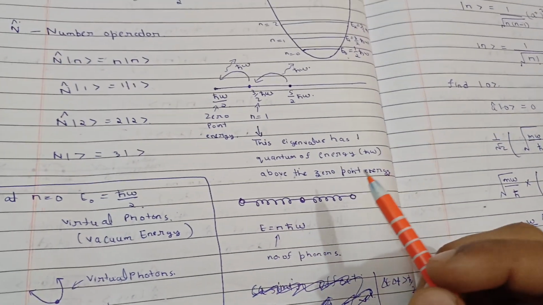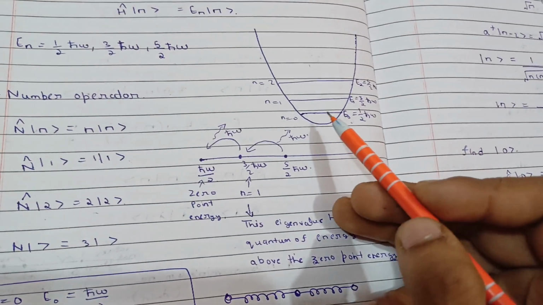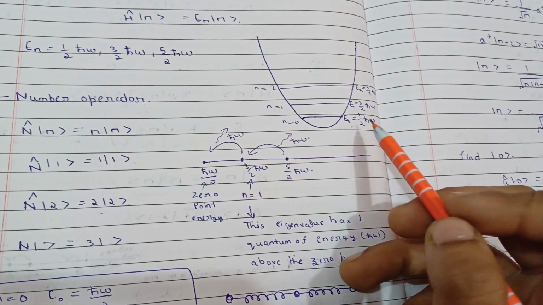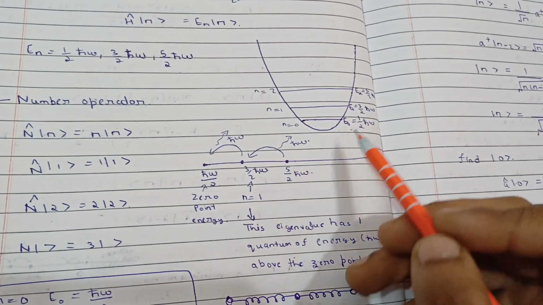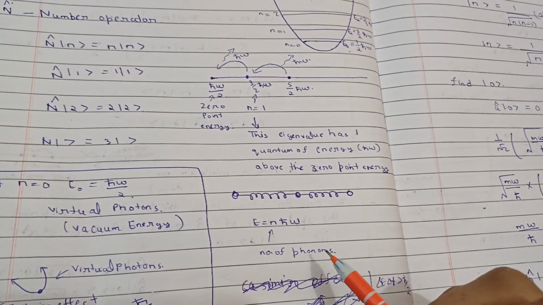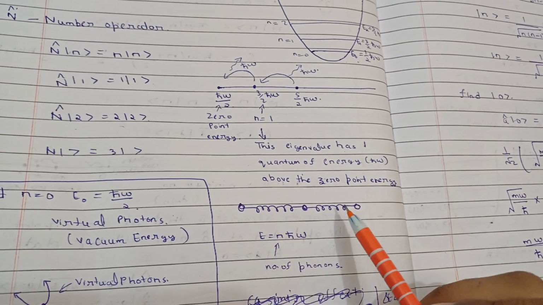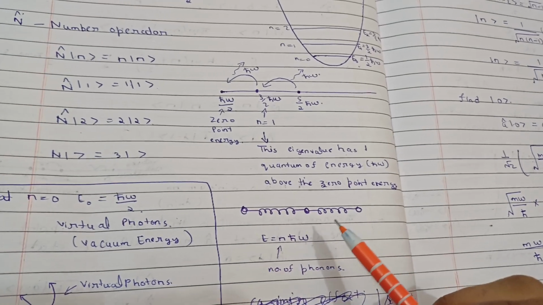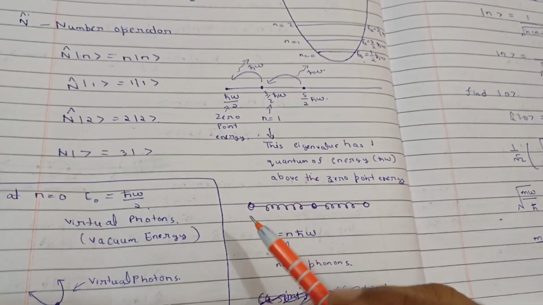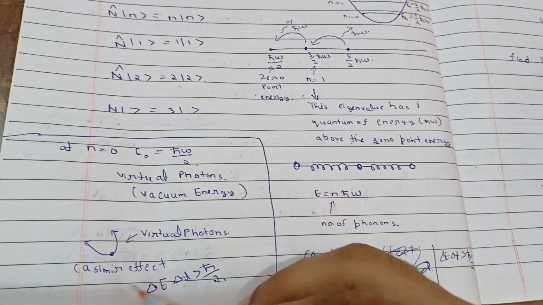Now see, there is one more thing to understand: at n equal to 0 there will be no vibration, and still you have this half ħω energy. So how is this energy coming? We know that in solid state we studied phonons, and at n equal to 0 there will be a zero energy state. So why are we still getting this half ħω when there is no vibration? You can study that concept in the Casimir effect.